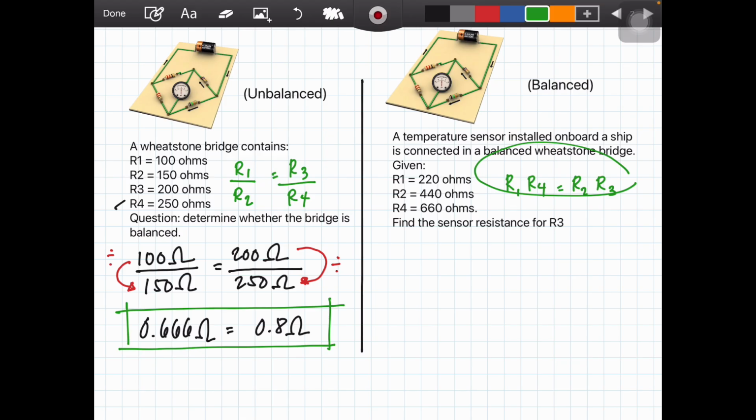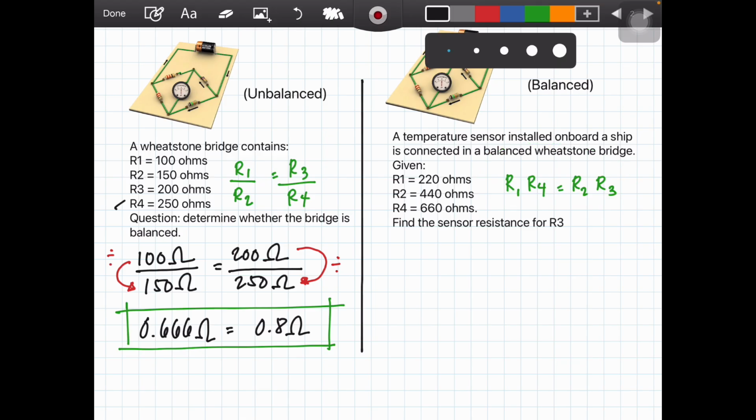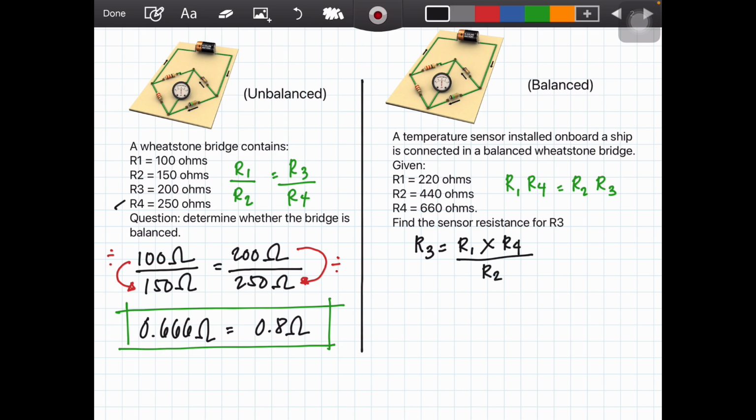So how do we go about it? For cross multiplication, we are looking for R3. So we write R3 equals R1 multiplied by R4 over R2. What is the value for R1? That is 220 ohms.